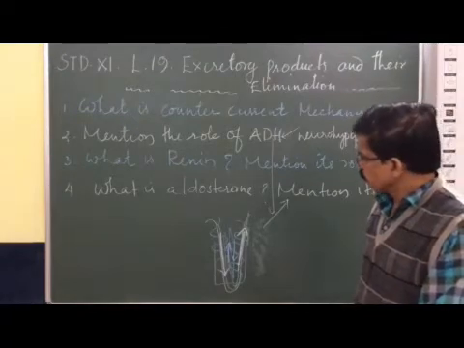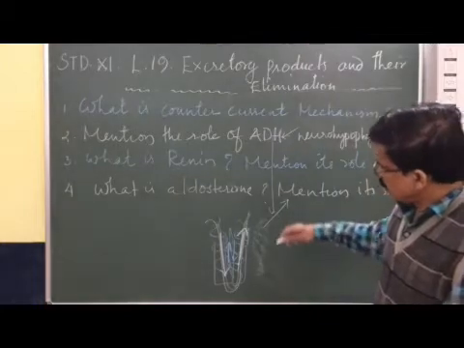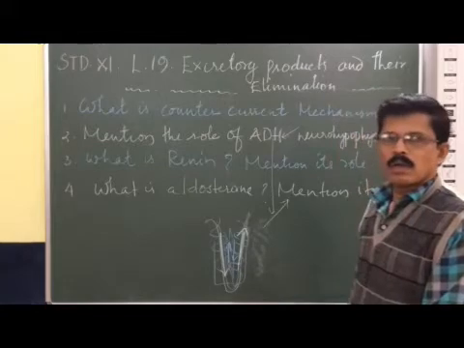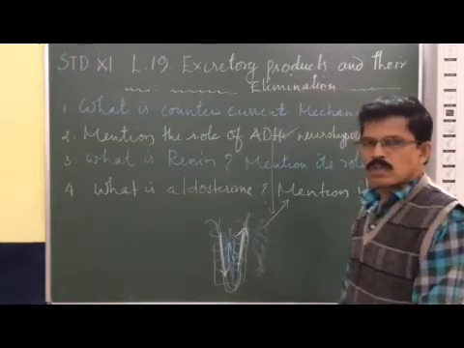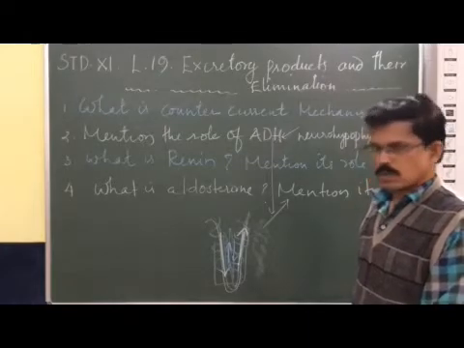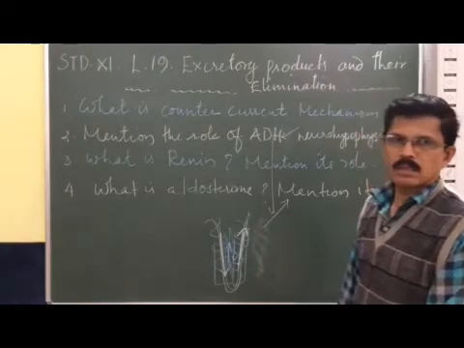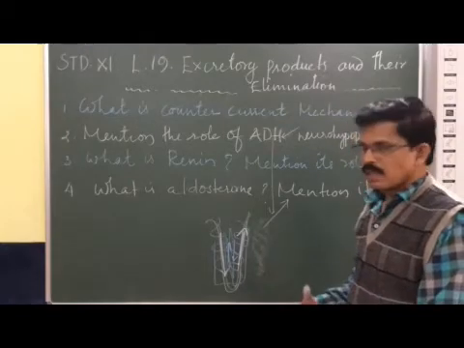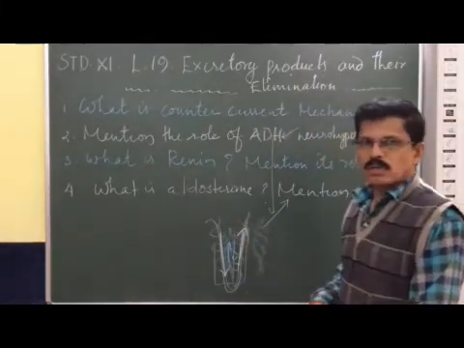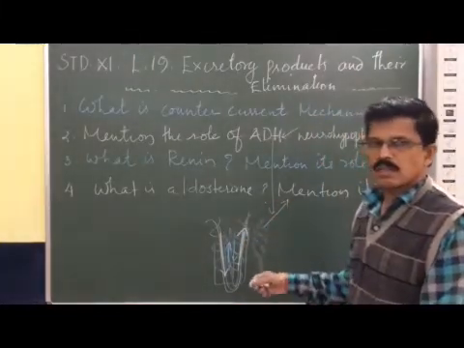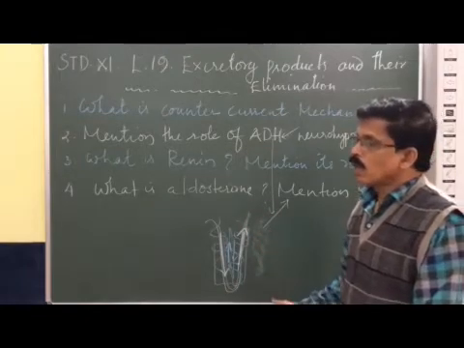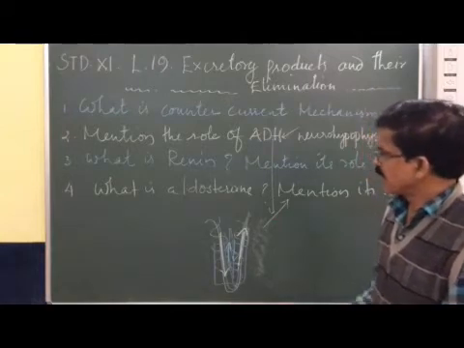ADH also constricts the blood vessels and increases the pressure in the vasa recta blood vessels as well as in the juxtaglomerular apparatus. They constrict the vasa recta and the efferent arteriole. As a result, the blood pressure increases in the glomerulus, and more glomerular filtrate is formed.